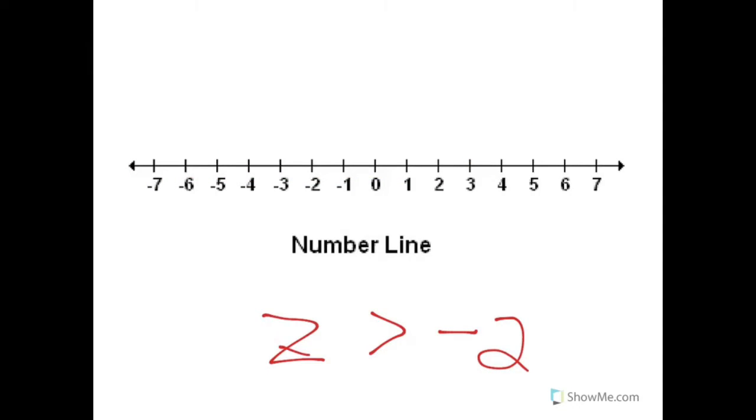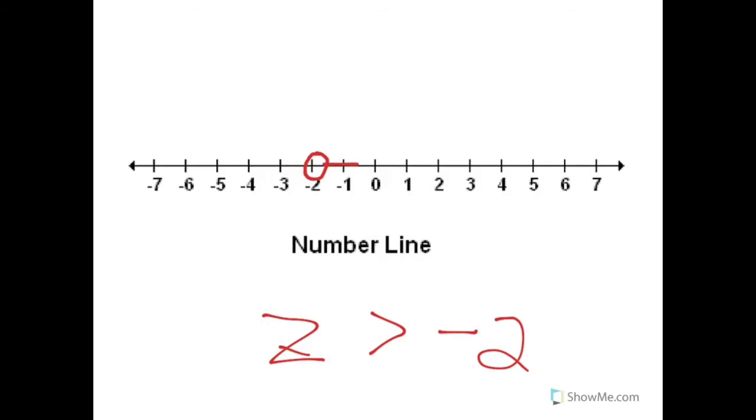I'll give you the flip example. z is greater than negative 2. It's not greater than or equal to negative 2. So you still start with negative 2, and you make it really obvious when you draw these. It's an open circle, or an empty circle. It's not filled in. That shows that negative 2 is not a solution. I couldn't put negative 2 in place of z and make it be true, because negative 2 is not greater than negative 2.